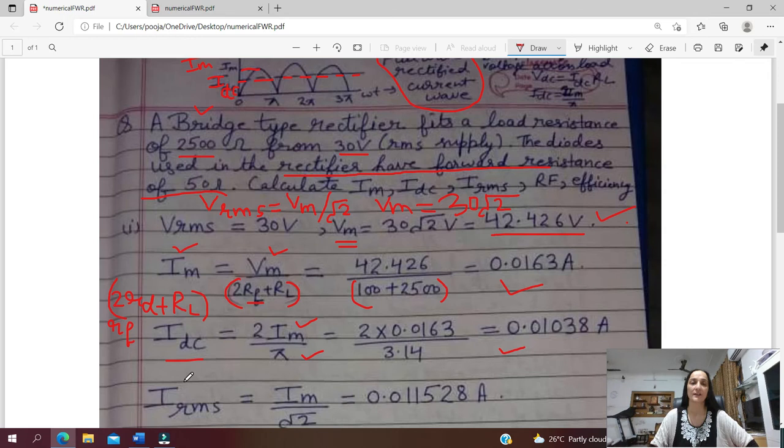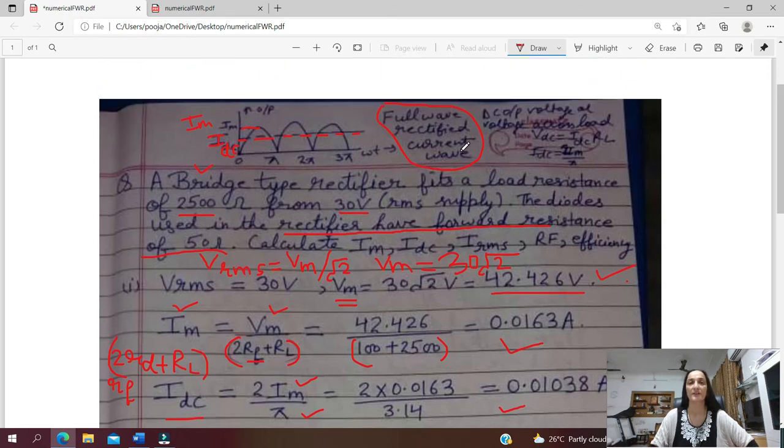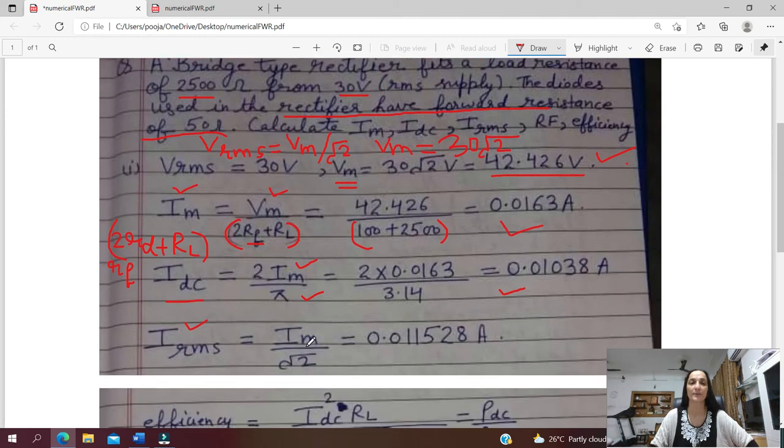Now we will find the RMS value for the full wave rectified current wave. RMS value is equal to Im by root 2. It comes out to be 0.011528 ampere. It is always greater than your average value, as you can see here.